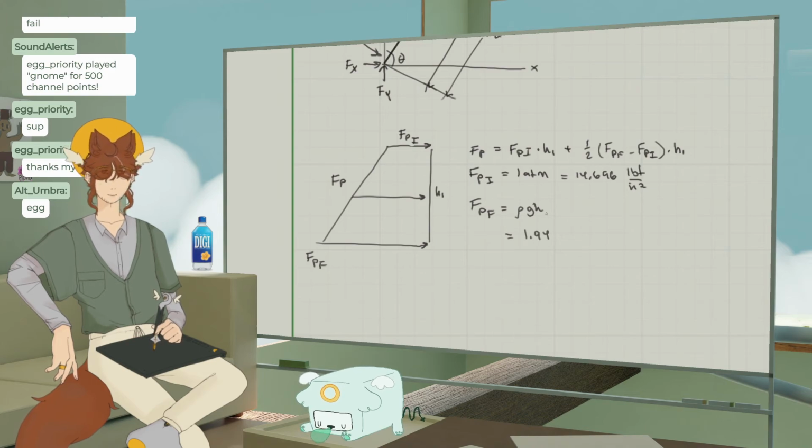1.94? Yeah. Maybe it's 1.93, let's try that. Slug times 32.2 feet per second squared times 2 times h, which is feet.